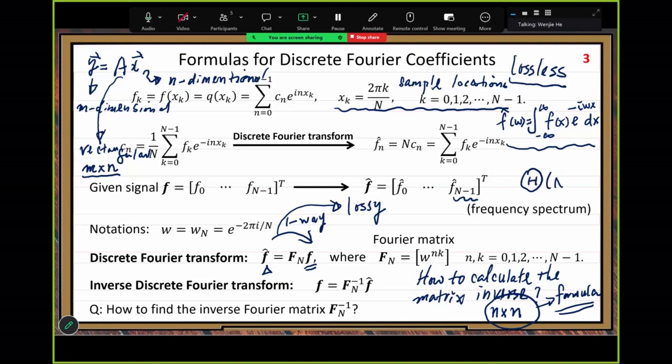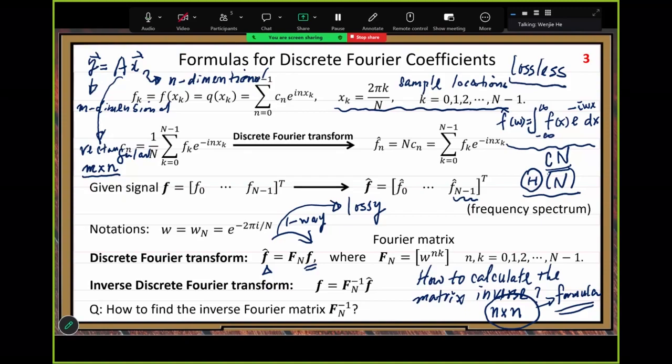Big theta of capital N means a certain constant C times capital N. The constant is not important. That tells you how fast the algorithm is.